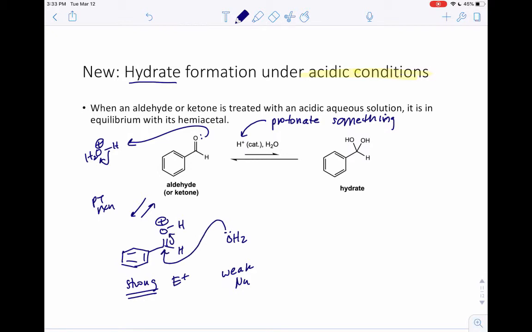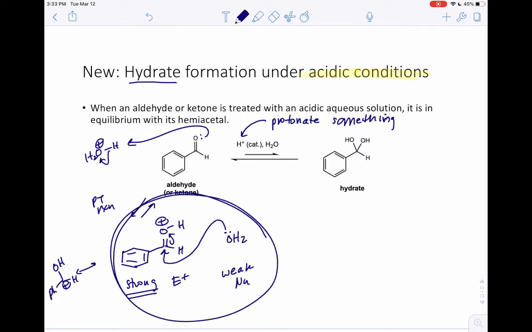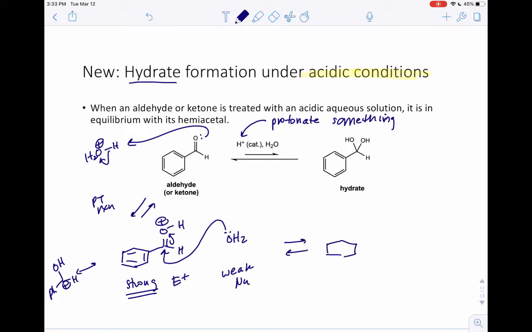Look at that positive formal charge on oxygen. Of course, I should just quickly mention, that positive formal charge is shared with carbon via this resonance structure. Okay, back on track. So we're going to have water attacking the protonated carbonyl. That's going to form the protonated hydrate.